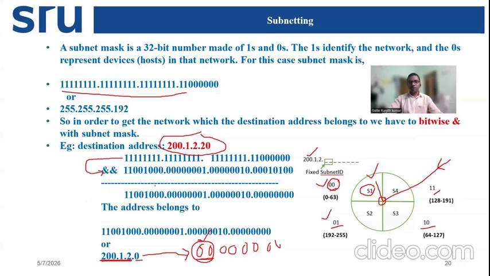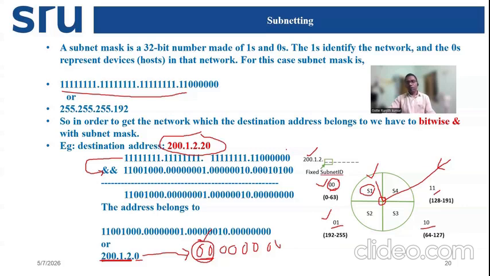This is the use of the subnet mask and the advantage of dividing the network into subnetworks. By using the subnet mask, a bitwise operation between the subnet mask and the destination address can find out on which network the destination is available.